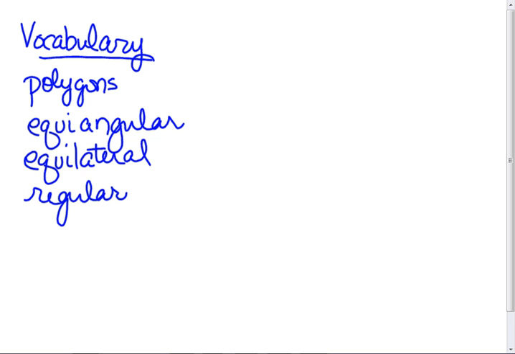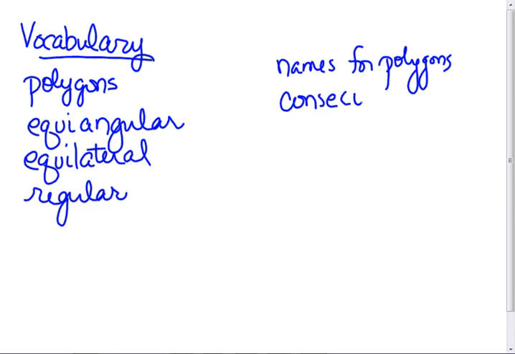We had all the different names for the polygons. Other words that were probably new? How about consecutive? Consecutive. What else did we have? Vertex. Diagonal. A lot of words here today.